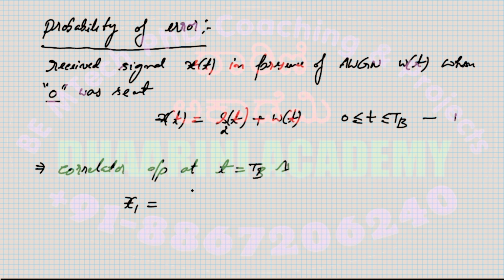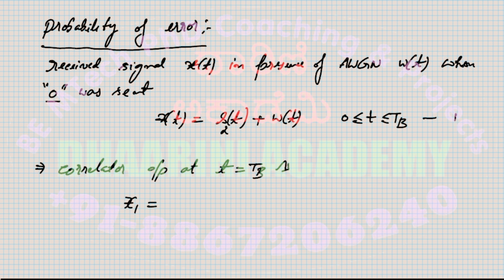So that is the integral from 0 to Tb, where Tb is my duration. Whatever you received is x of t, so this has to be the integration from 0 to Tb of x of t, multiplied with phi 1 of t, dt.